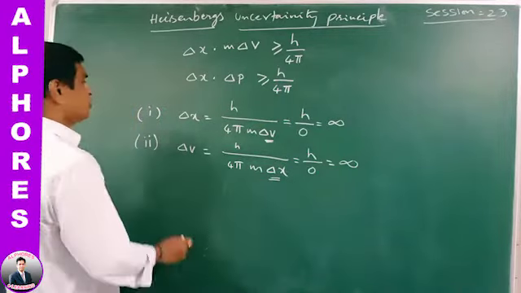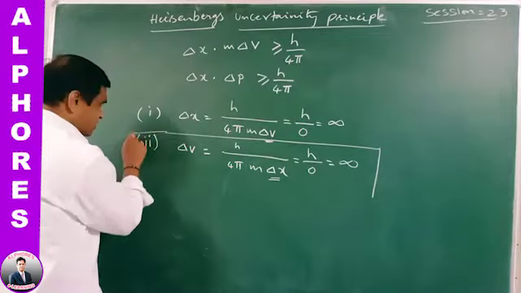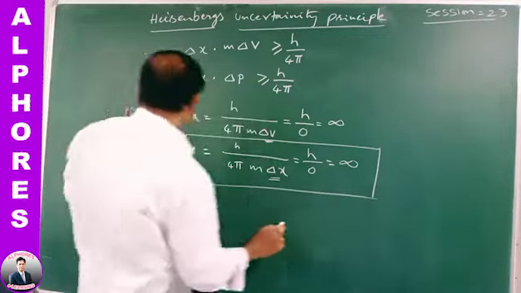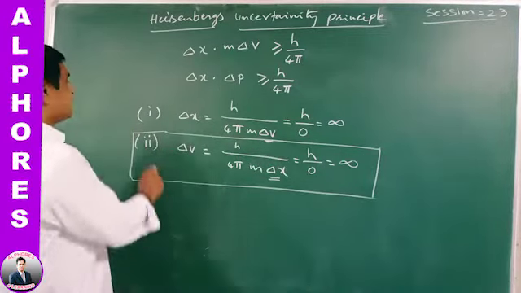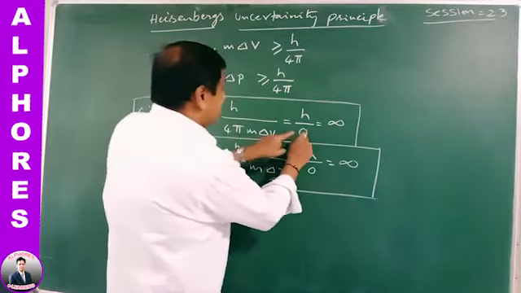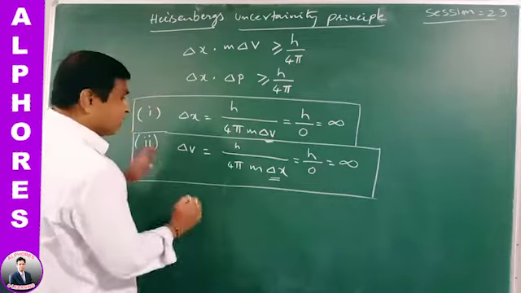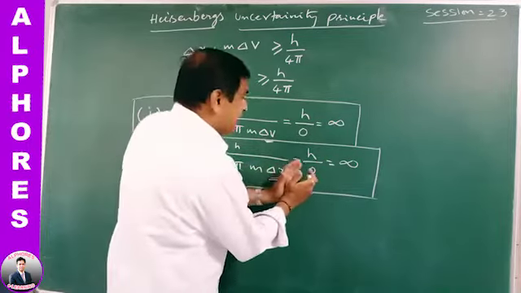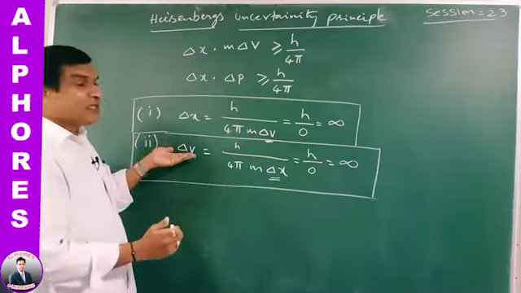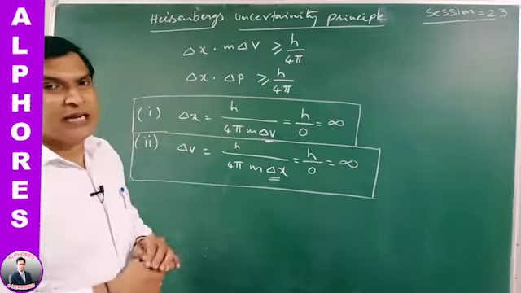These two things we completed in the last class itself: this is case 2 and this is case 1. When delta v is determined as 0, then the uncertainty in position becomes undefined. When delta x is determined as 0, then the uncertainty in velocity becomes infinity. This point we explained in the last class.